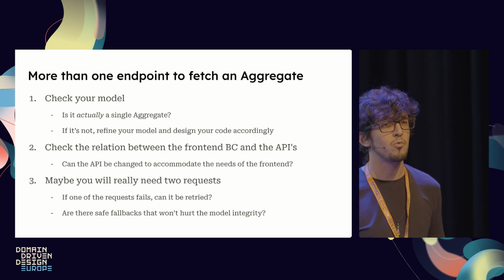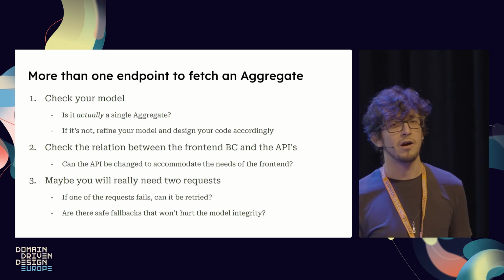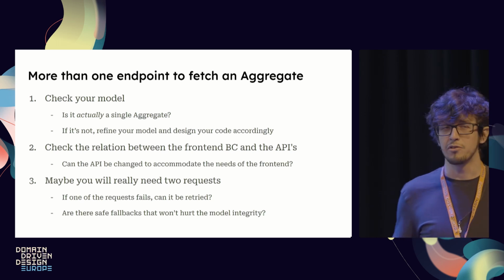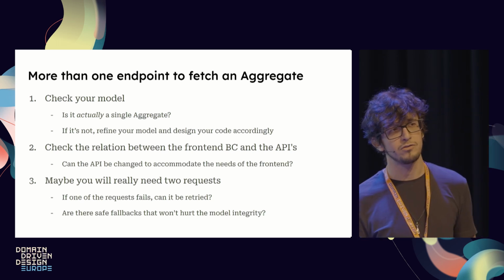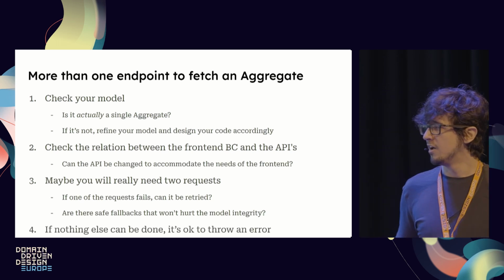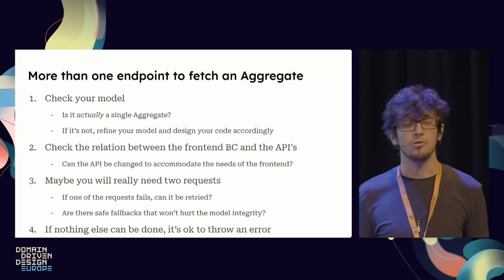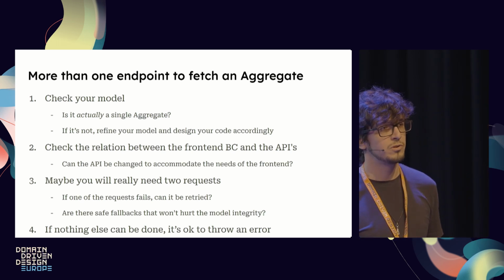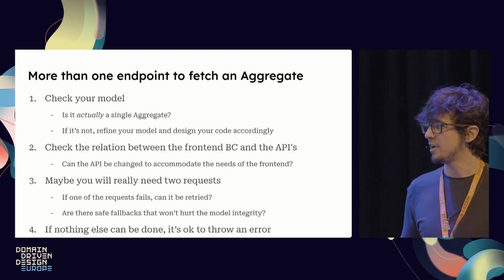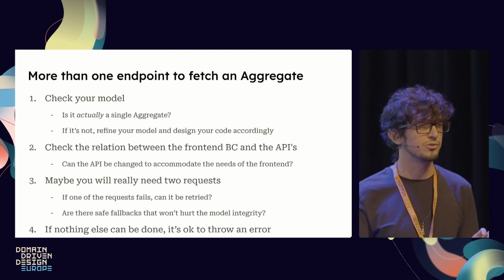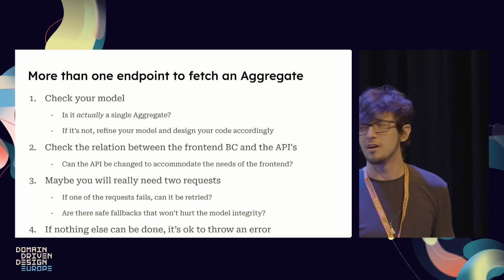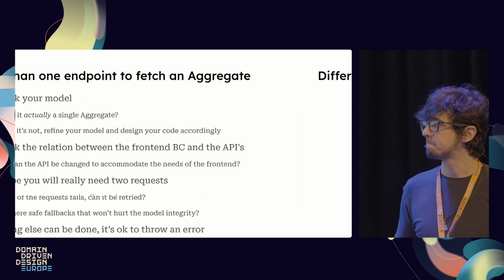If some of the requests fail, can you fall back to some hard-coded data in the front end in a way that it won't hurt your model integrity when you try to send that request to the back end? And if nothing else can be done, it's just okay to throw an error. Even though part of that aggregate was already fetched, it's okay to just throw an error instead of trying to show just some part of it in the front end. It might lead you to more trouble than benefit.